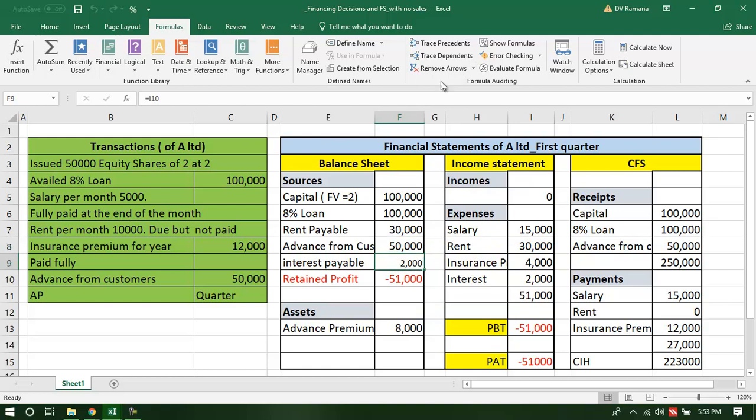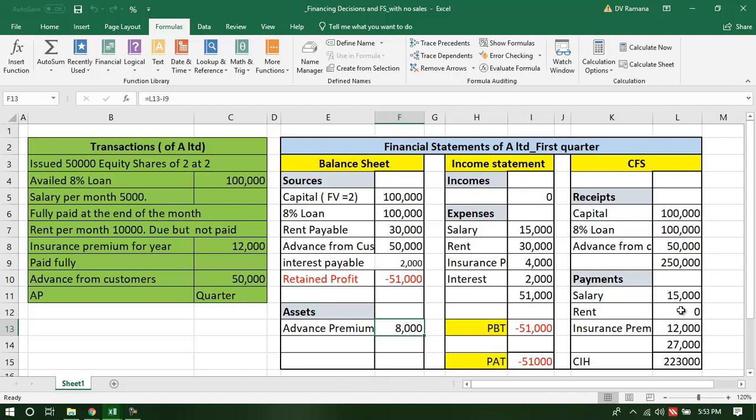Similarly, an expense due but not paid is a liability. In this case, rent and interest are expenses, but the payment has not happened, so therefore they are liabilities. Advance premium, to the extent of the premium belonging to the next time period, is an asset. So if the payment is more than the expense, it is an asset.